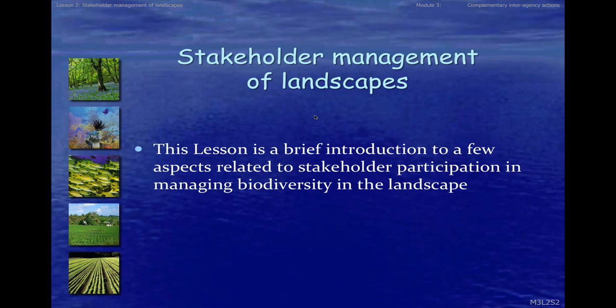After completing this lesson, you should be able to appreciate the setting for landscape-level stakeholder-supported management of biodiversity and ecosystem services, the extent to which stakeholders already have objectives fully compatible with principles and management interventions supporting biodiversity, ecological processes, and ecosystem services, the important role of complementary interagency actions to achieve national goals for environmentally sustainable development, and ecosystem services as key to synergies between stakeholders.